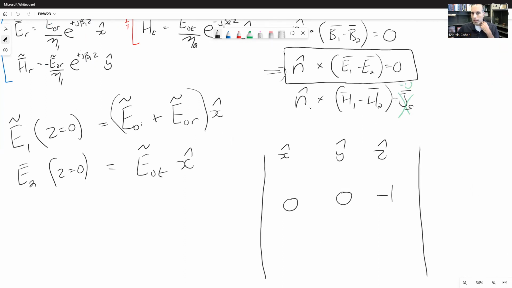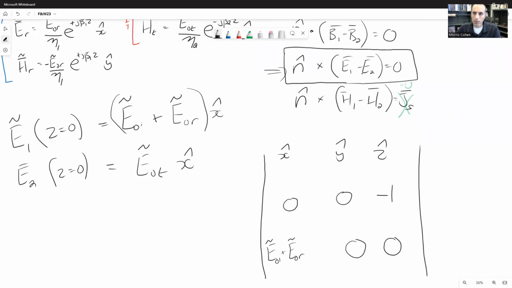All right, so let's now write down E1 minus E2. In the y component and z component, both E1 and E2 are 0. So that's pretty simple. This will be 0, and this will be 0. And now we're going to take E1, the x component, which is E0I plus E0R.